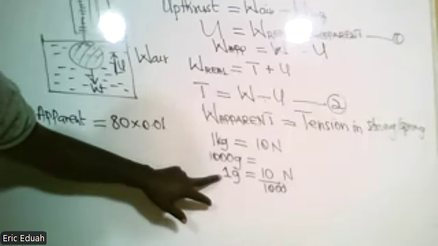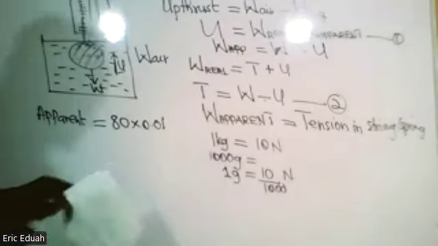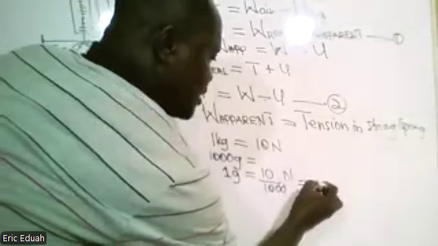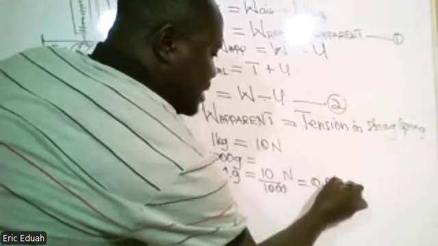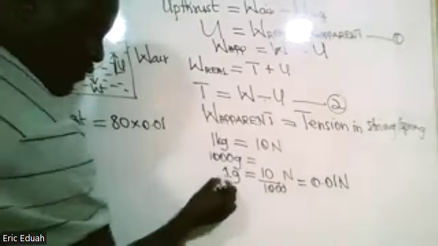Therefore, 1 gram will be 10 Newton divided by 1,000, which is 0.01 Newton. The other way is that if you want the weight of 1 gram, convert 1 gram to kilogram, and that will be 0.001.